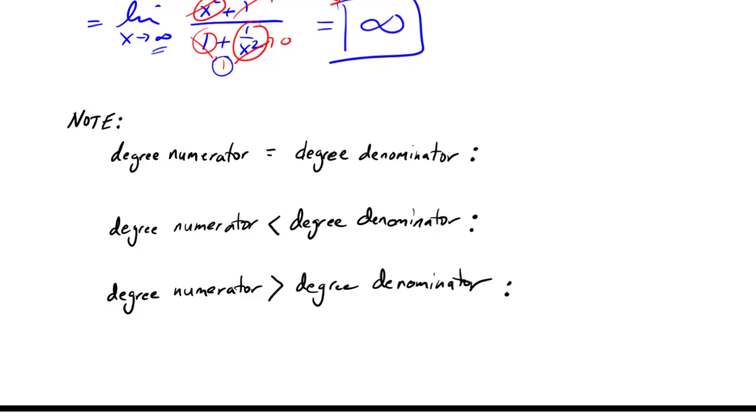If you have a degree of the numerator equal to the degree of the denominator, the limit as x goes to infinity, or negative infinity, in fact, is going to equal the ratio of the coefficients of the leading terms.